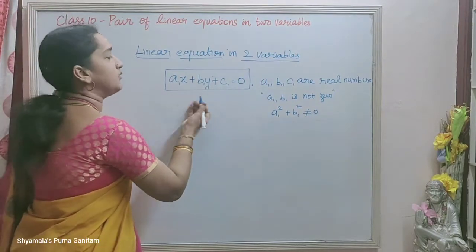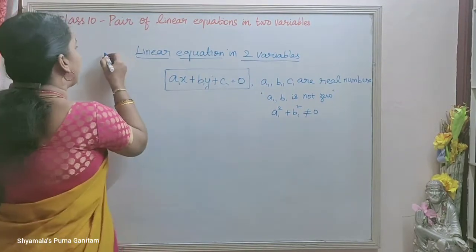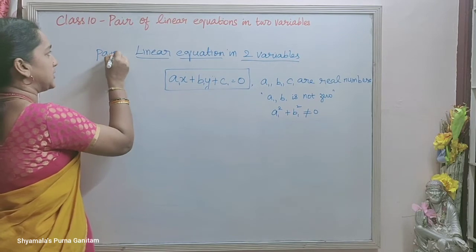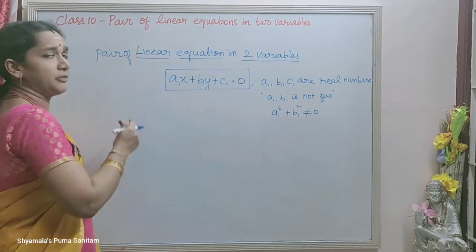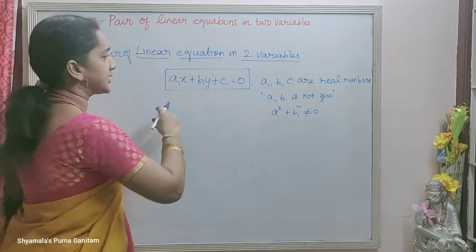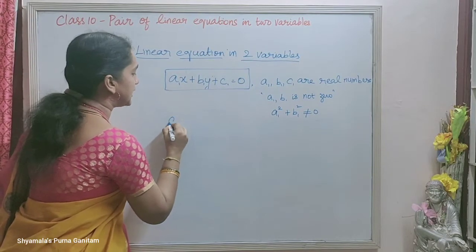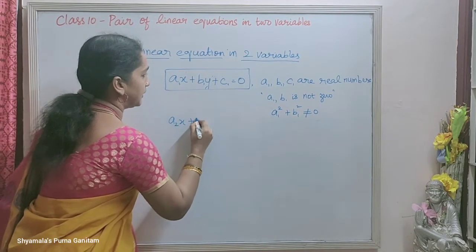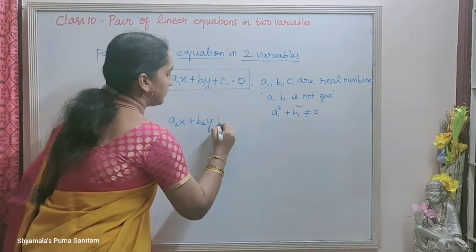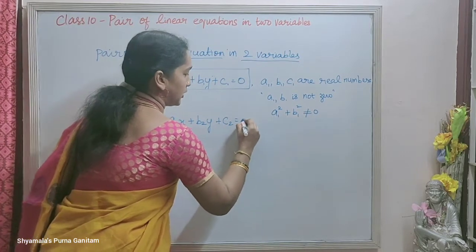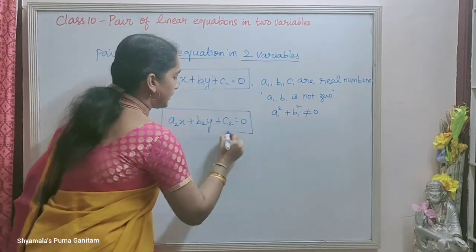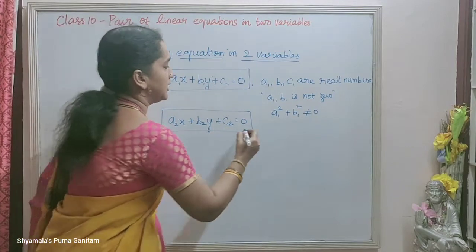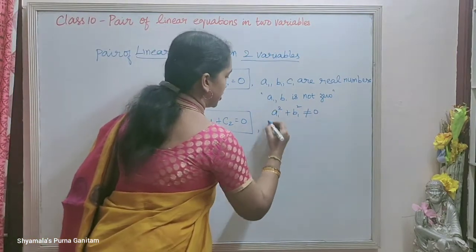So the same thing when we take another equation. Pair of linear equations means we have to take 2 equations. So the other equation will be a2x + b2y + c2 = 0. So this is another linear equation. The same condition you have to write.